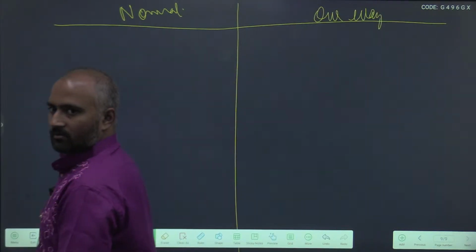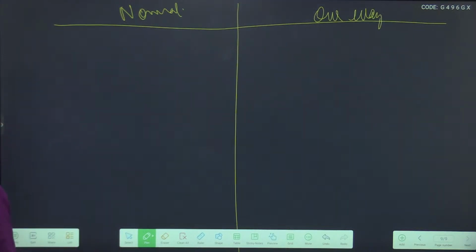So what does the question say? P scored 40 marks more than Q in an examination. If Q scored 10% marks less than P, then how much did Q score?